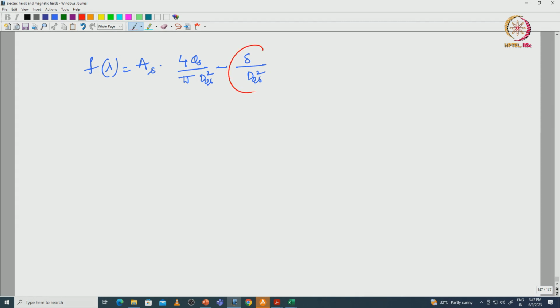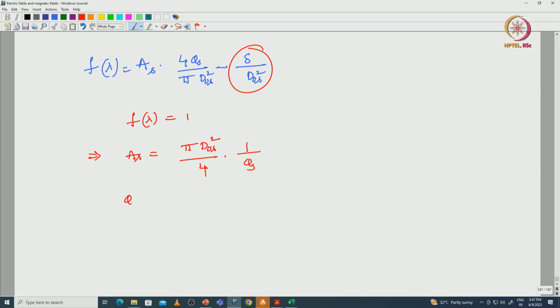Here if we neglect this term and substitute f of lambda equals 1, then AS equals pi d naught S square by 4 into 1 by QS.